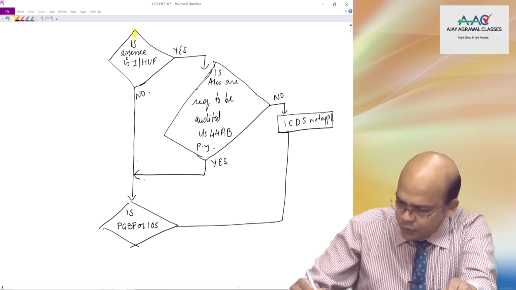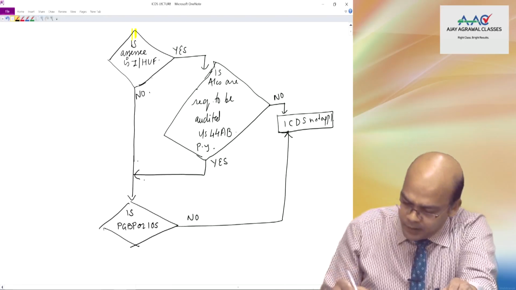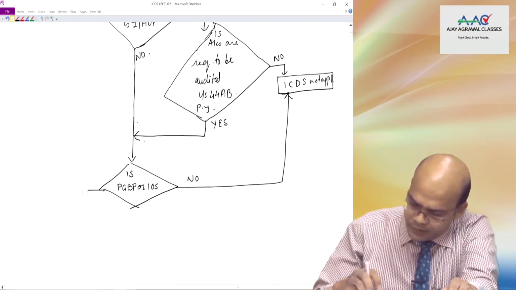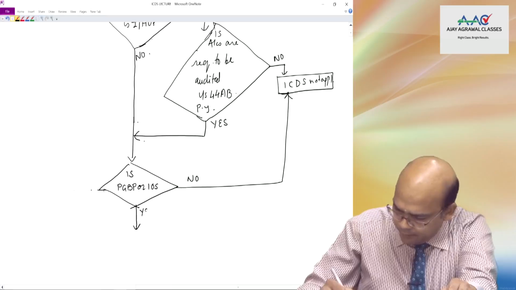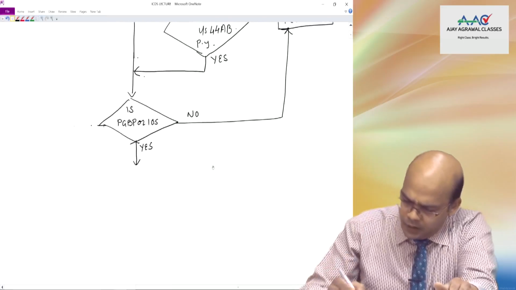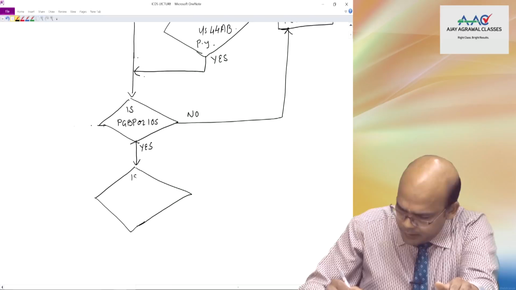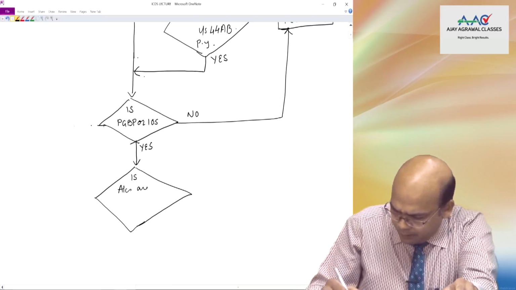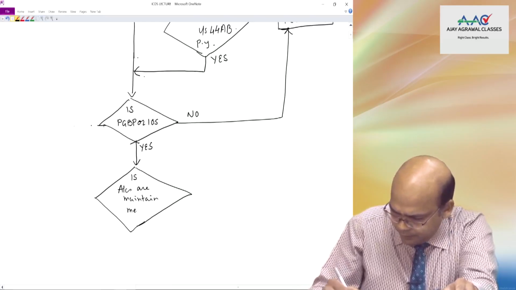If the answer is no, then no ICDS is applicable. But if the answer is yes, income is under the head PGBP or IOS. And the last criterion you need to check here is whether accounts are maintained on mercantile system.